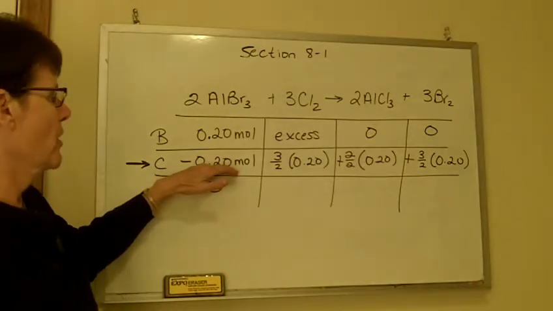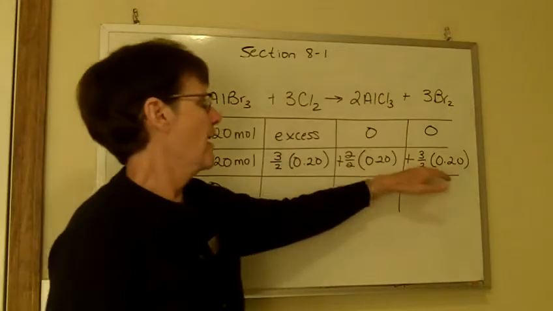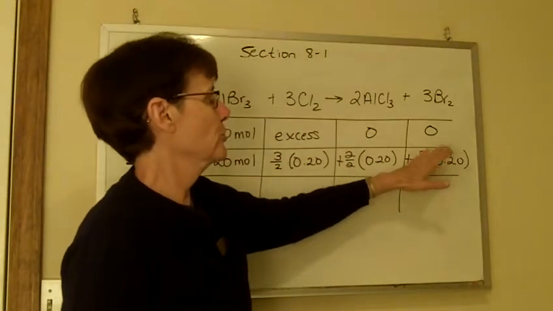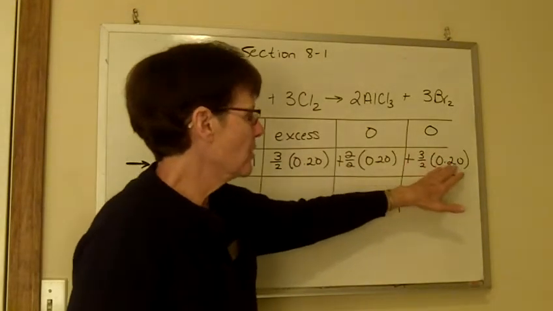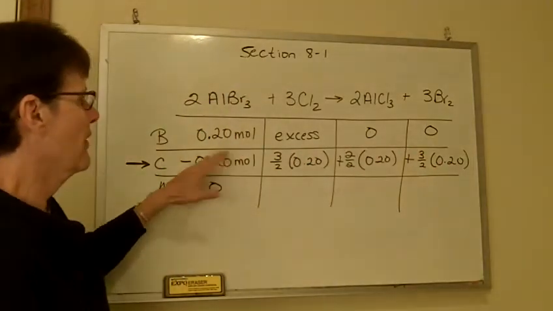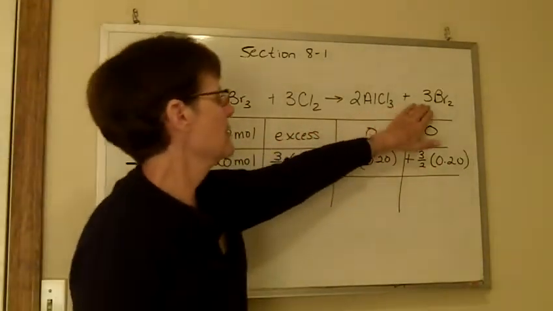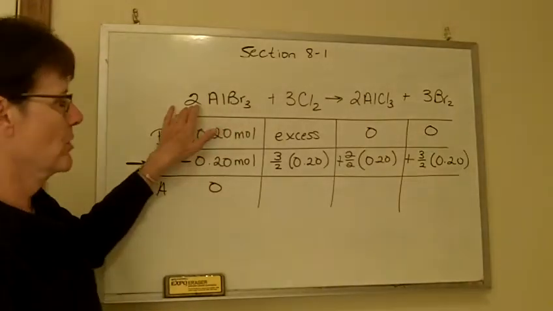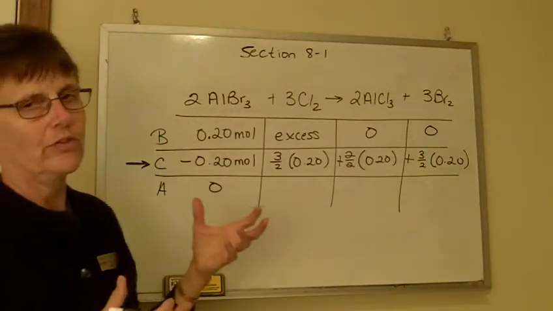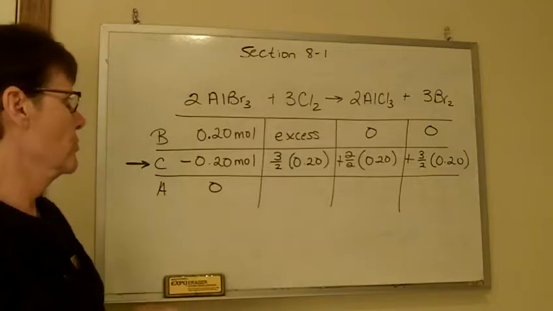So 0.2 is used up over here. 3/2 times 0.2 to be produced over here. So this number is going to be bigger than that number, and that makes sense because this number is bigger than this number. So we're always using those coefficients as mole ratios.